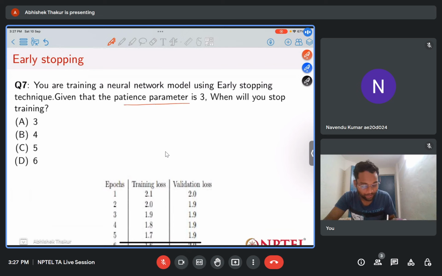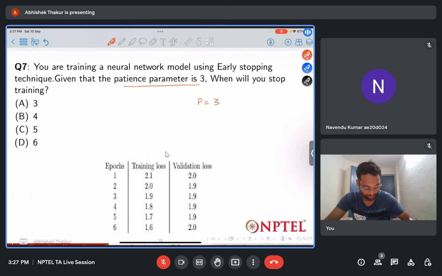Given that the patience parameter is 3, that is p equal to 3, when will you stop the training? This is our epochs, this is training loss, this is validation loss, and this patience parameter is given. When will we stop this training? You can answer this in the chat box.